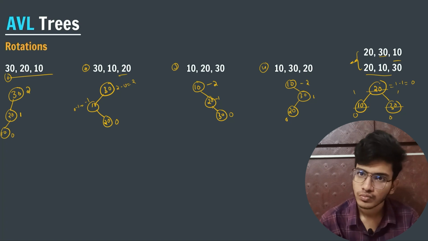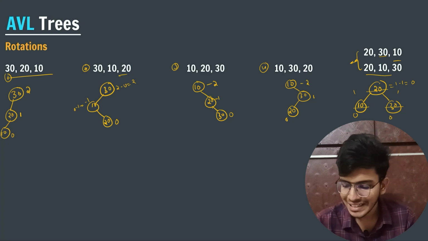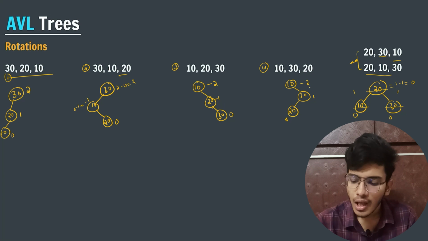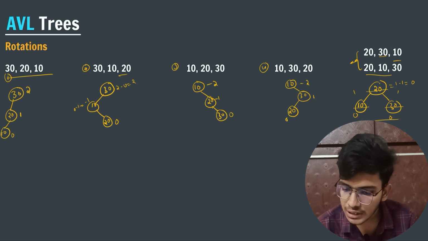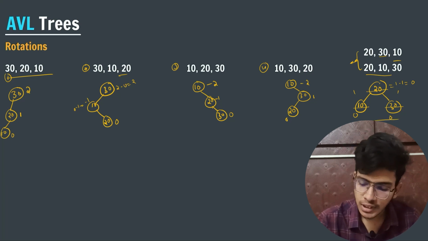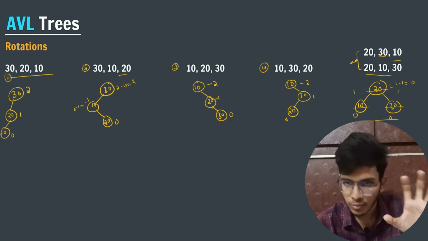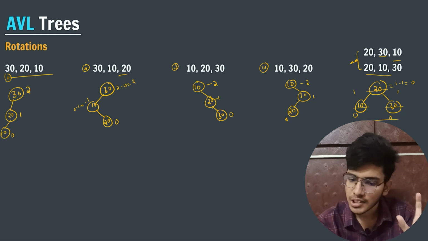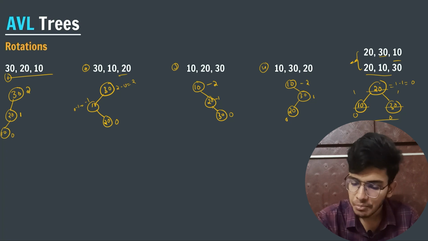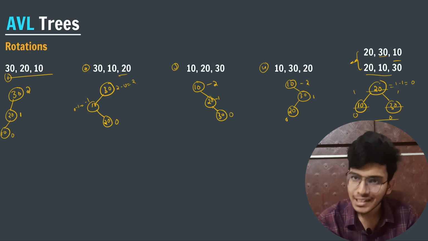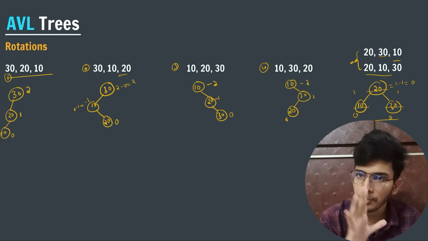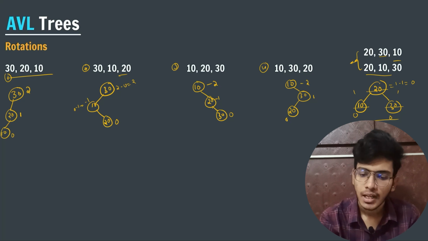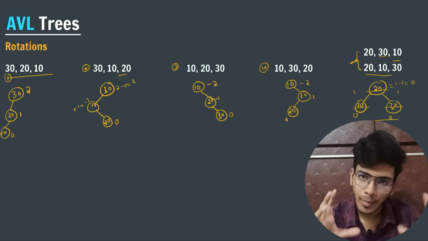What I can do? I have a clear idea of how my balanced BST will look like. Now what I will do is that I will rotate my BST in such a way that I should get a structure similar to my balanced BST. You can see that in the fifth figure, I got my balanced BST.